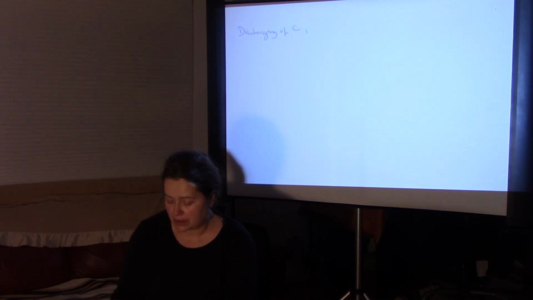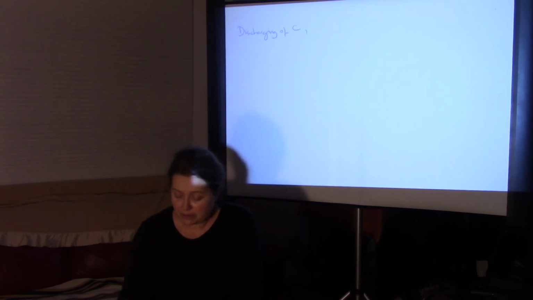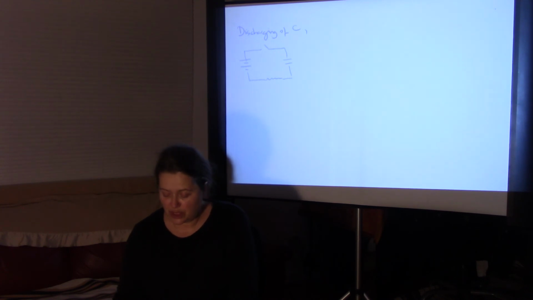In an RC circuit, if you recall, we had a battery, a switch, a resistor, and a capacitor. Now, as we want to discharge this capacitor, we are going to discharge it by closing the switch this way.